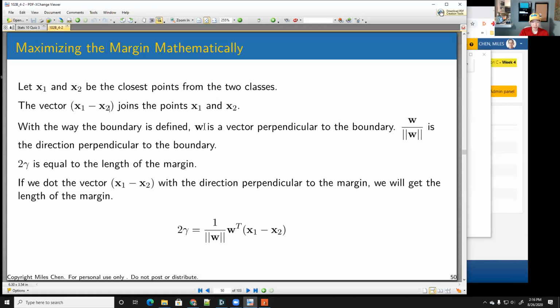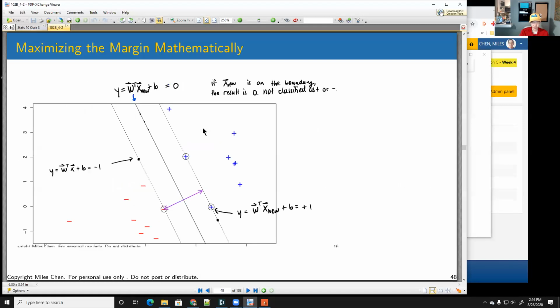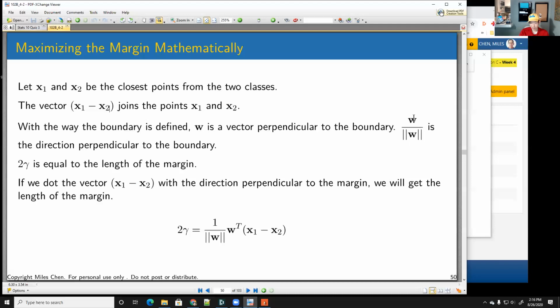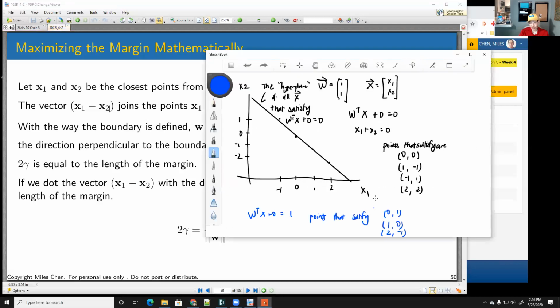And with the way the boundary is defined, when you define a boundary as w transpose x plus b equal to 0, then a vector that's perpendicular to the boundary is just w. W itself is perpendicular to the boundary.